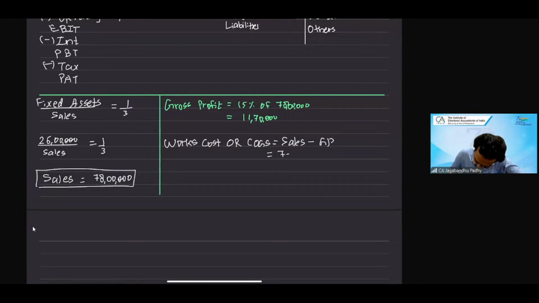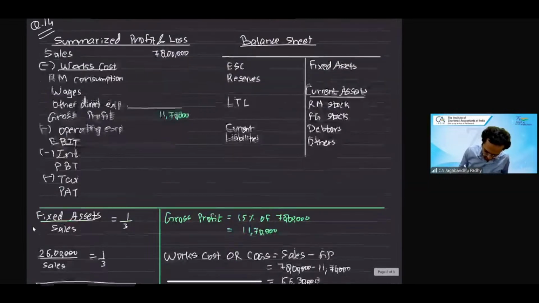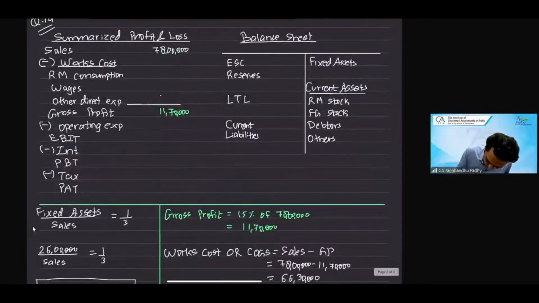So sales is 78 lakhs minus gross profit, which is already computed, 11 lakh 70,000. So works cost is 66 lakh 30,000. Yes, so works cost we get as 66 lakh 30,000.